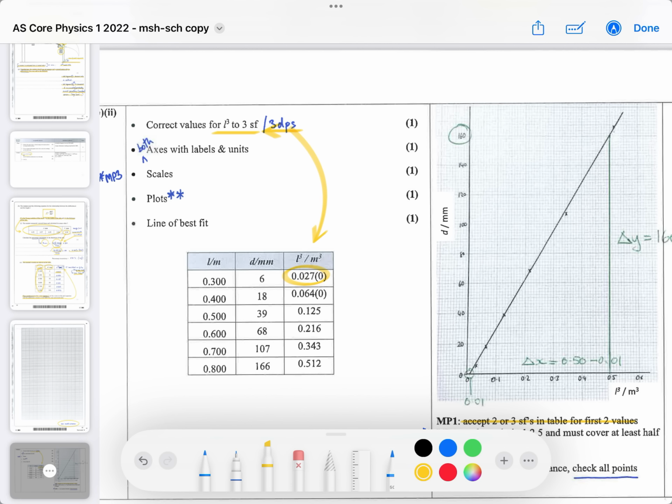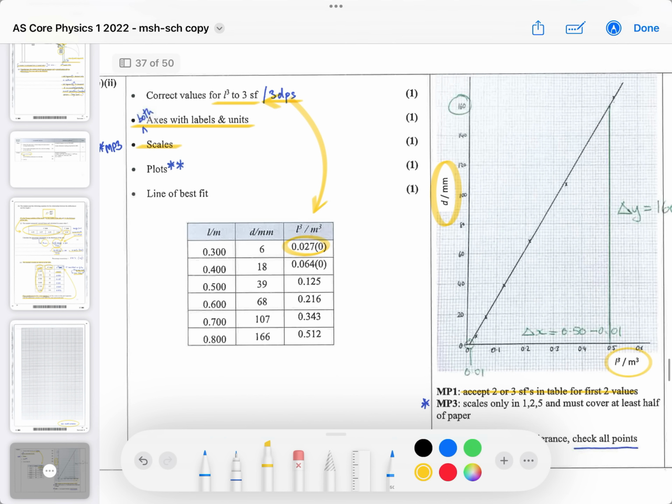Now, both axes must be labelled with the correct units for 1 mark. So L cubed in meters cubed and D in millimeters. You need to have good sensible scales, and the scales should always be multiples of 1, 2 or 5. And you've got to cover at least 50% of the graph paper. You can't do small graphs.